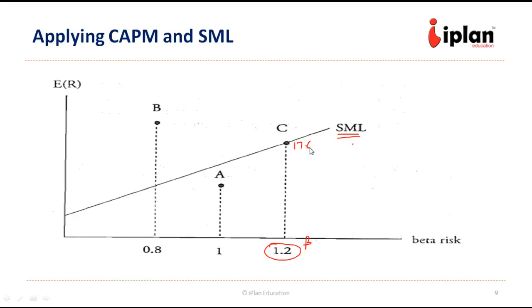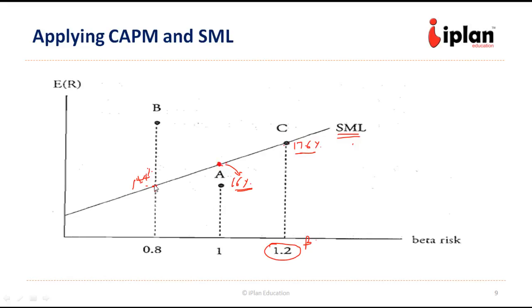For stock B, this value is 14.4%, and for A it is 16%. So this value is 16%, this value is 14.4, this is 17.6. So these values are lying on the security market line.